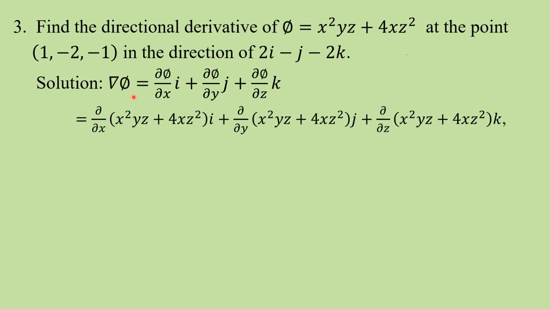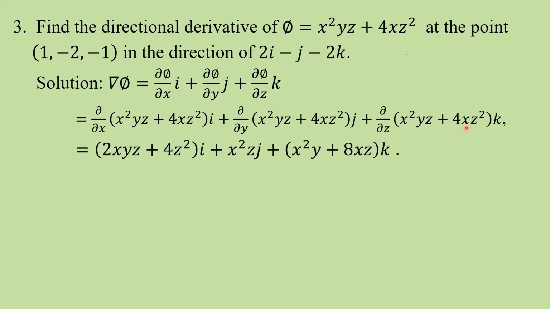So we can get dou by dou x of (x^2 yz + 4xz^2). Partially differentiating with respect to x, I get 2xyz + 4z^2, while treating y and z as constants.